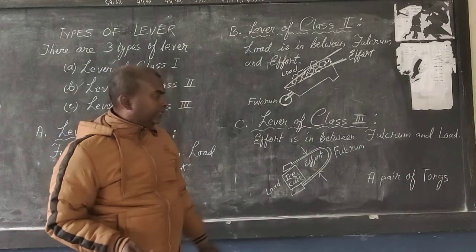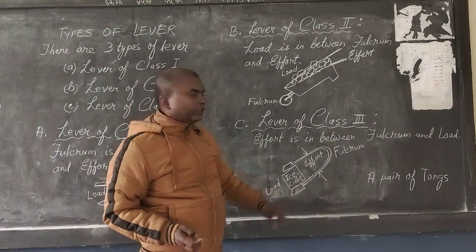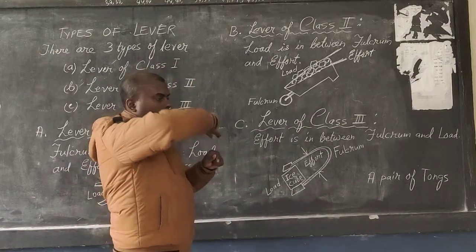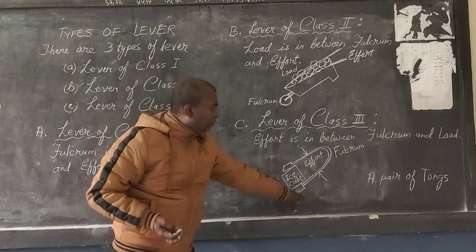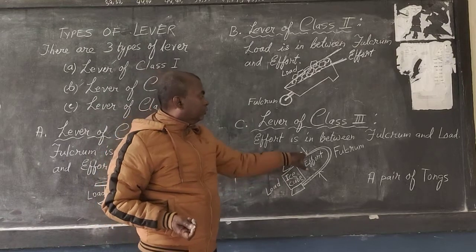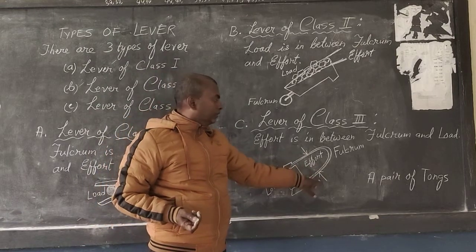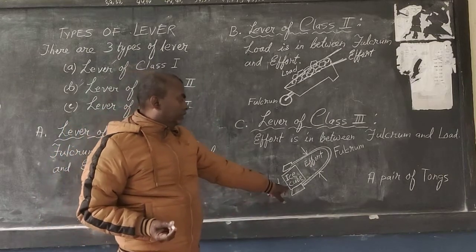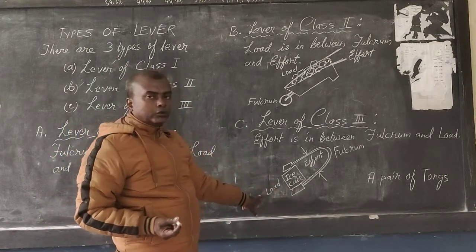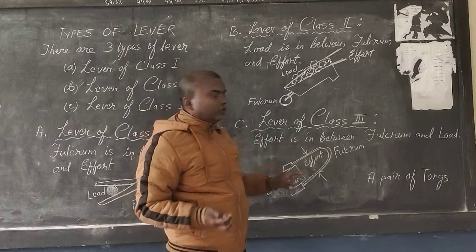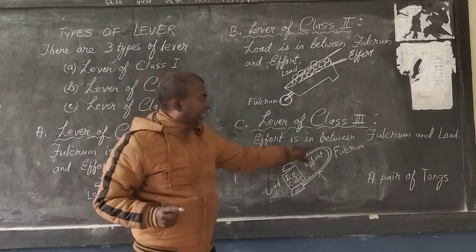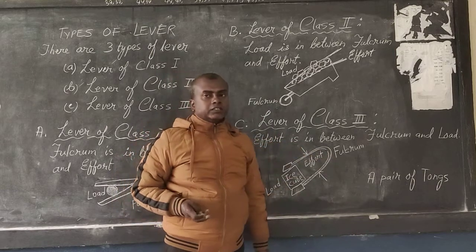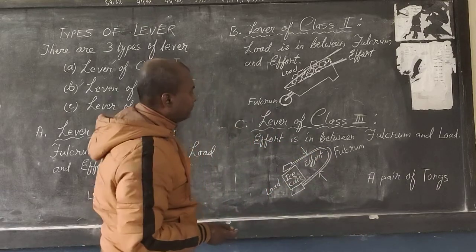So in order to avoid that, we use this kind of tongs. They are twisted. These are the two arms of the tongs. You hold it over here in between. So wherever you hold it, that's the point where you apply effort. And obviously the ice cube that you are holding is the load, and the two arms, wherever they are attached to each other, that point where they are attached is the fulcrum.